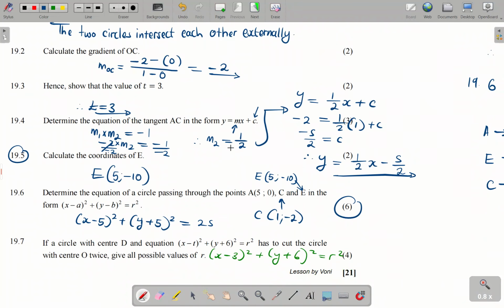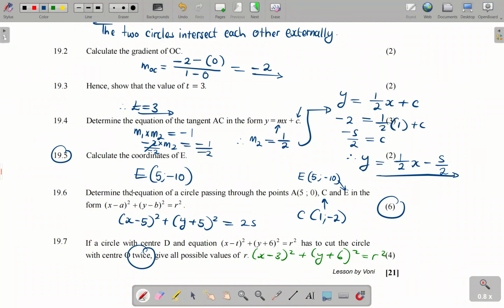Only if they say that the circle with center D and the equation has to cut the circle with center O twice, use that equation there.